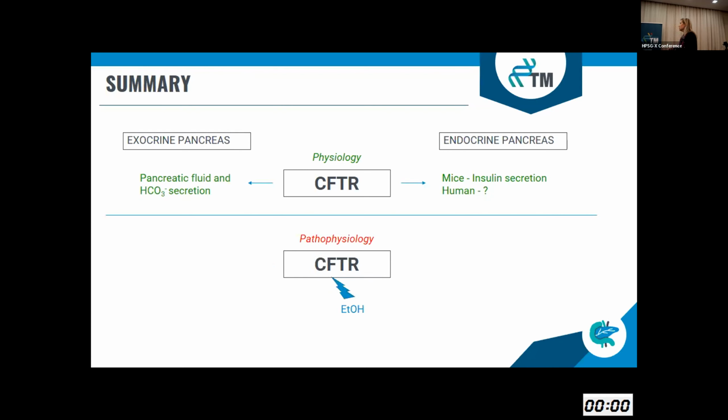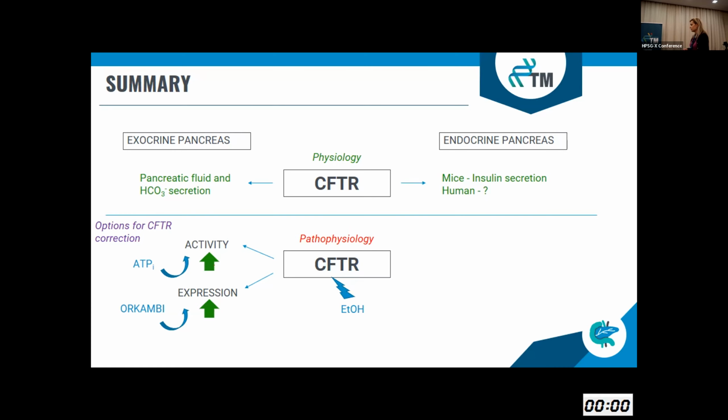Under pathological conditions, ethanol decreases both the activity and the expression of the CFTR channel, and correction of the activity of CFTR by ATP supplementation, or of its expression, can be beneficial in acute pancreatitis.